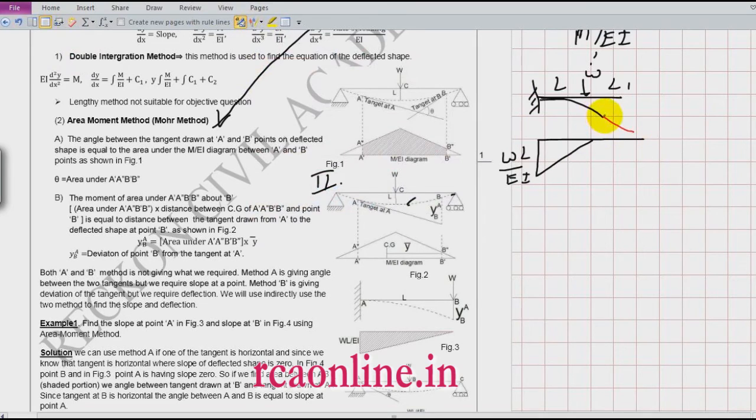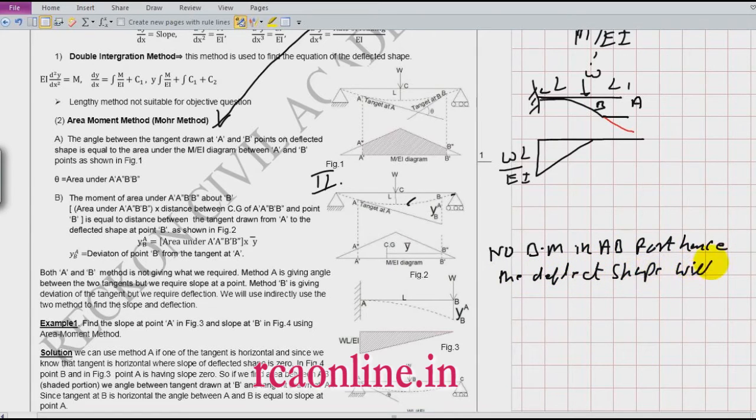Since there is no bending moment in the AC part, no bending moment in this part, the deflected shape will be linear. This is very important.